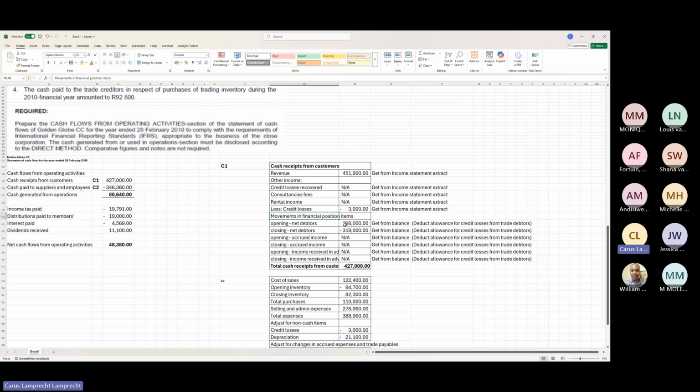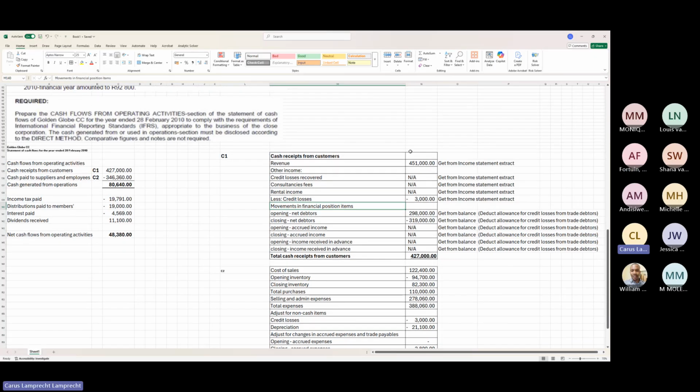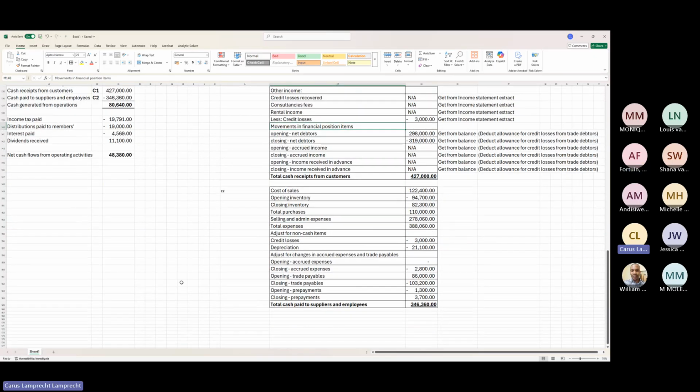Are there any questions thus far? Do you do your indirect method like this also? No. Indirect method, I use the profit and adjust for non-cash items and such. Oh, okay.